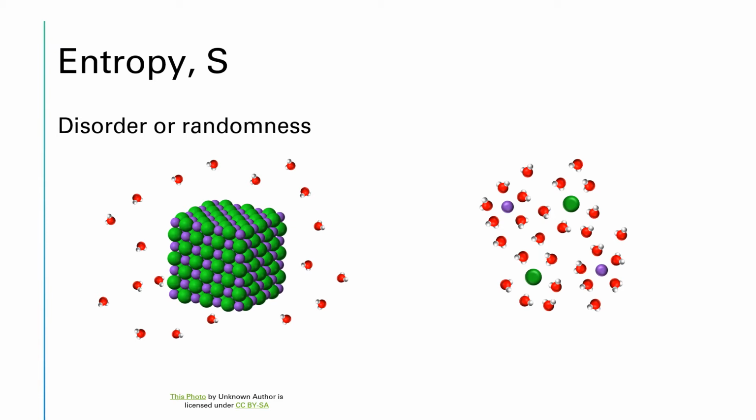The fact that the things are mixed up makes the diagram on the right have a higher amount of entropy, and the fact that we've got the sodium chloride and the water separated makes the system on the left have a lower degree of entropy.